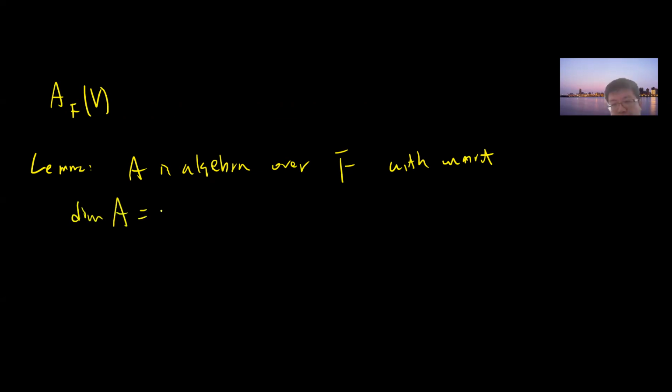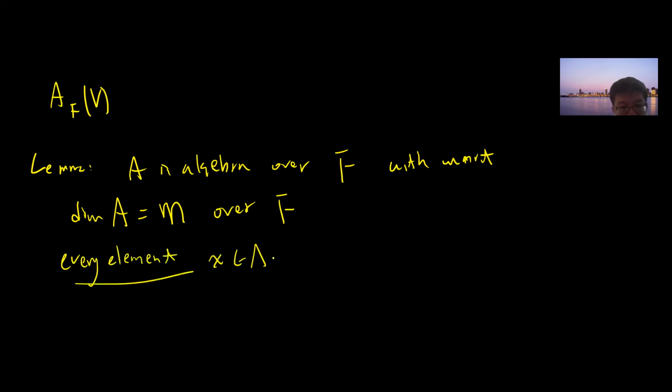This lemma says that if A is an algebra over a field F with unit, and A is finite dimensional, so I can talk about the dimension of A because A is also a vector space, say the dimension is m over F, then every element a belonging to A satisfies some non-trivial polynomial.